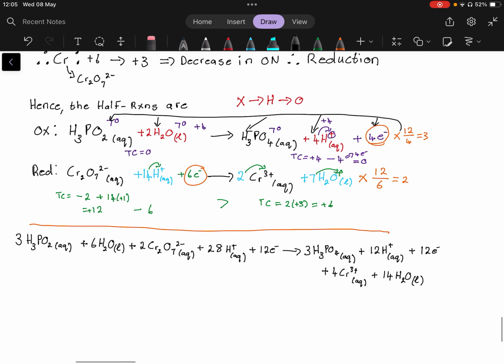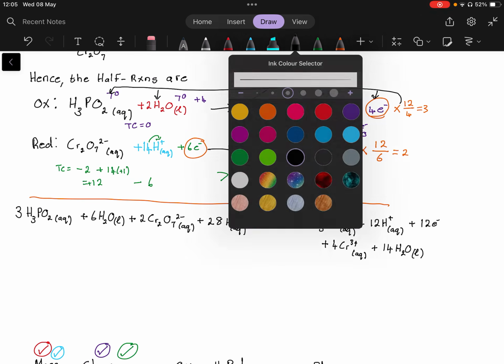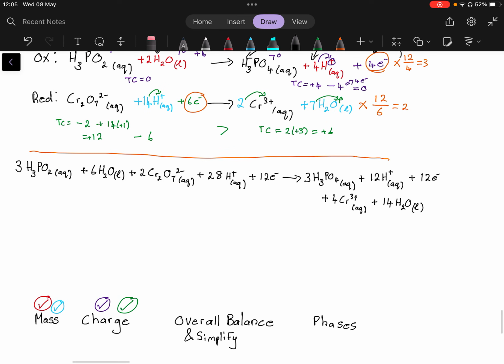Now, how do we check or simplify our equation? Technically this overall balance is a simplification. So you can add here for yourself also and simplify. To simplify, we start on the left-hand side. We ask ourselves, what do we have?